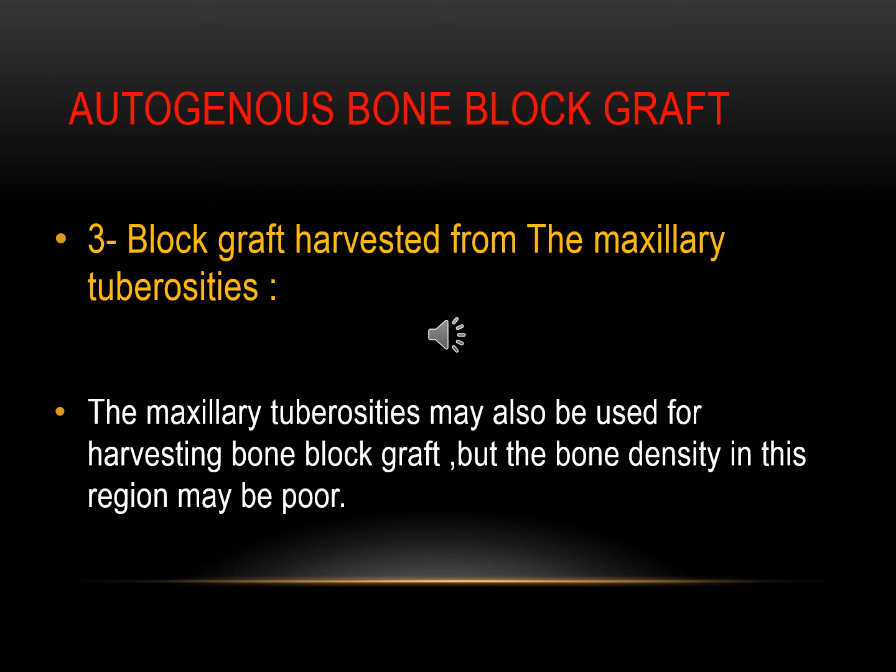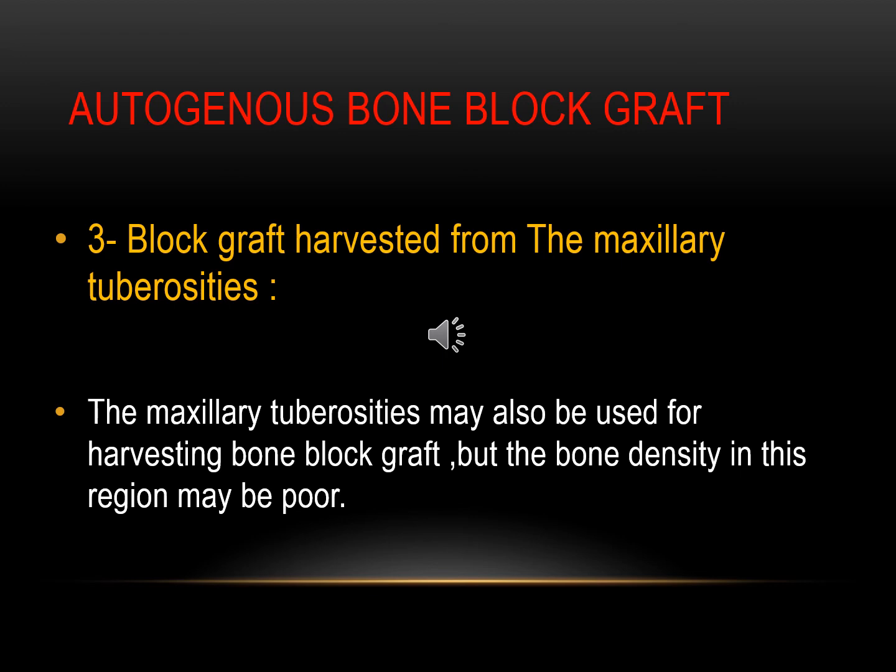This graft may also be used for harvesting bone block graft, but the bone density in the maxillary tuberosity usually is poor because it comes from the maxilla, where most of the bone is cancellous, not dense bone.